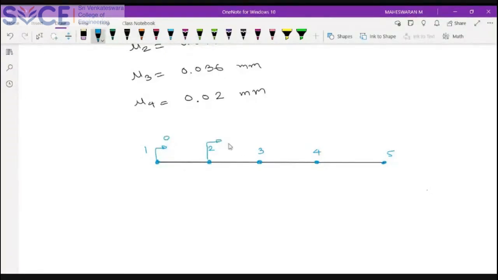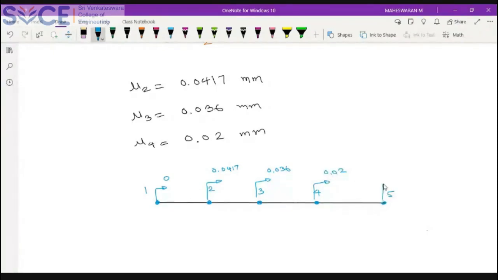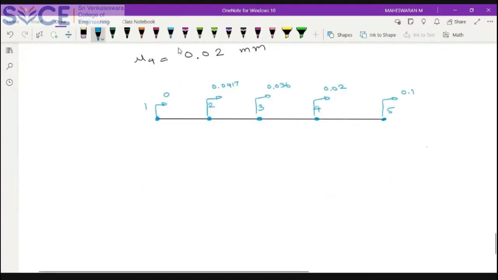U2 is 0.0415, U3 is 0.036, U4 is 0.02, and this is 0.1, which is already given. The lengths are 250, 250, 375, and 375.